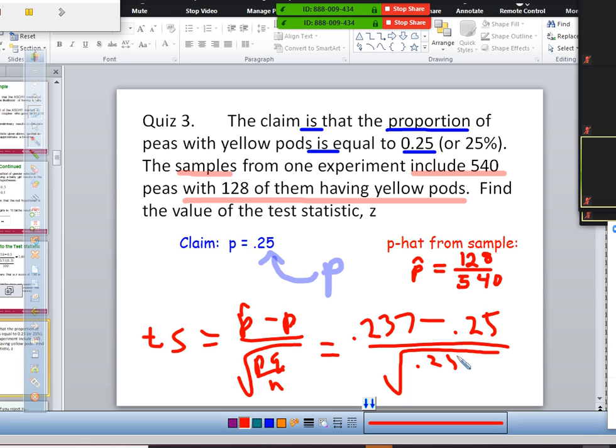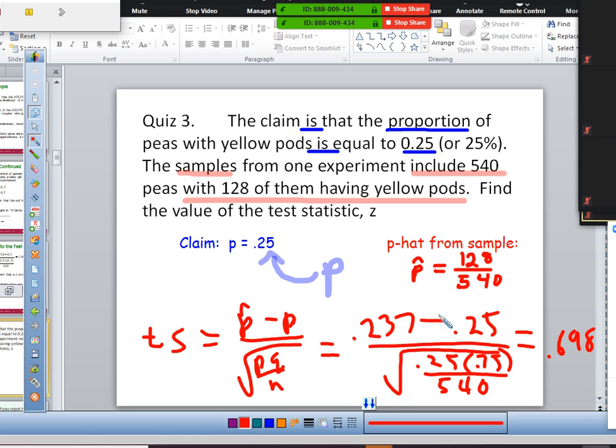If my P is 0.25, then my Q is going to be 0.75, I just have to add up to 1. And how many people did I sample? 540 people. And I think you guys ended up getting 0.698, I believe. Yes, okay, good. 0.698. Perfect.